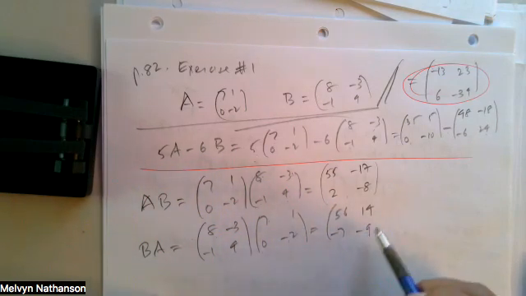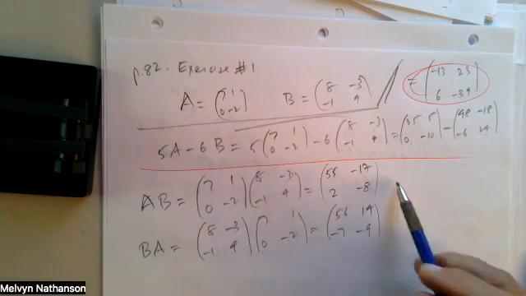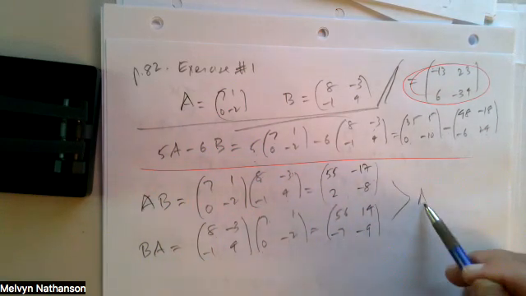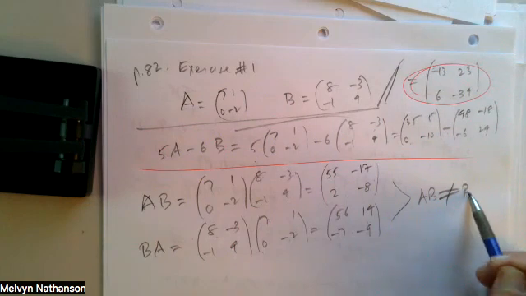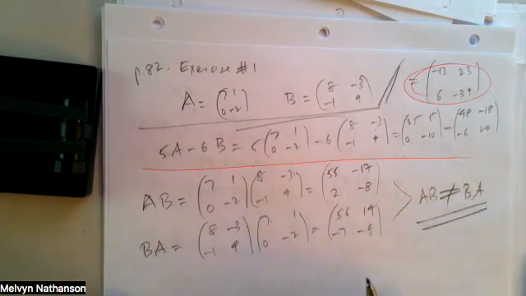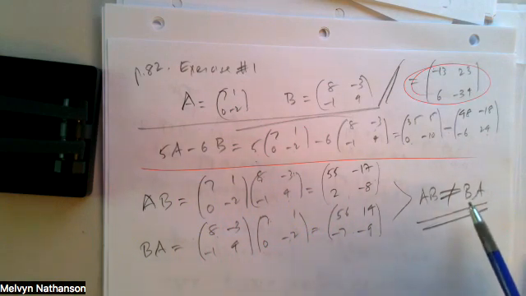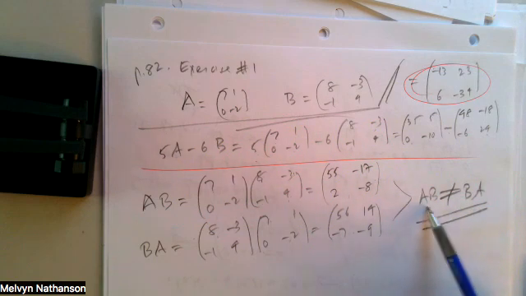Minus 1 minus 8 is minus 9. So this is AB and this is BA. And you see that AB is different from BA. This is very important. We say that matrix multiplication is not commutative. The order that you multiply in matters.